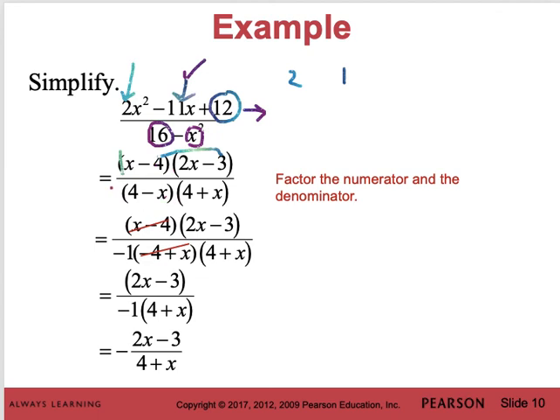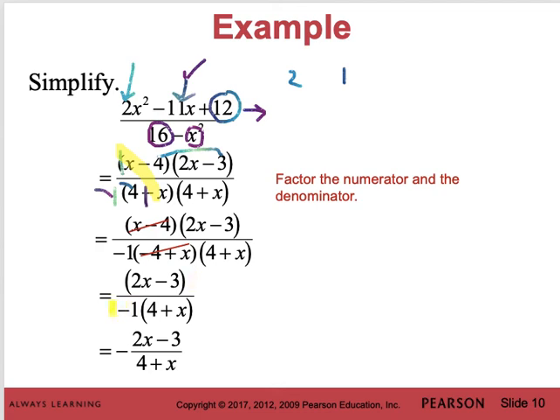If we took out the negative, or multiplied by negative 1 here, we would be changing the sign in front of the number. So now this would become a negative 4 and this would become a positive x. And if I do that, then these two are the same and I can cancel them out. And I'm left with negative 1 in the denominator, so 4 plus x, and in the numerator 2x minus 3.